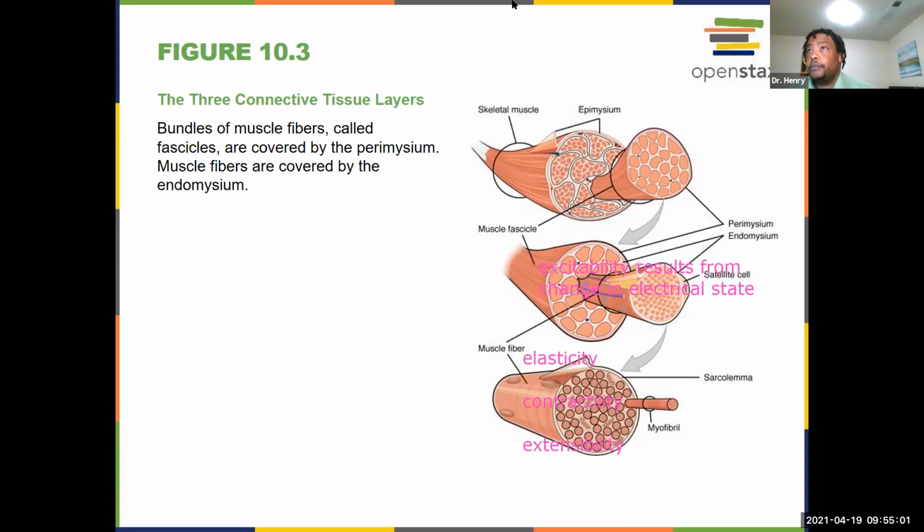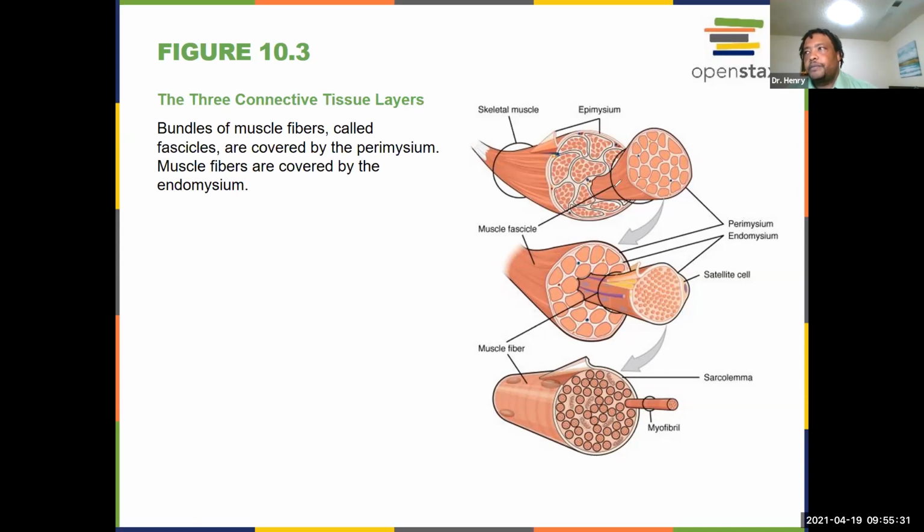As you can see here, this basically represents the muscle fascicles.